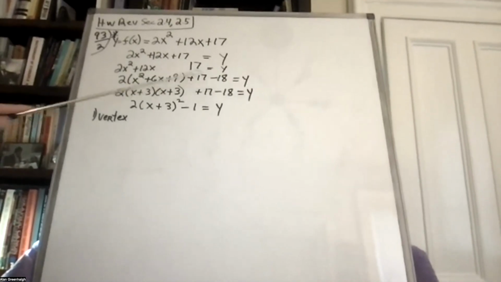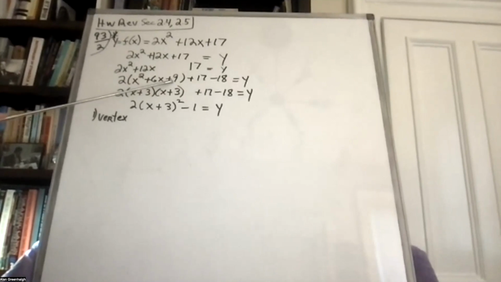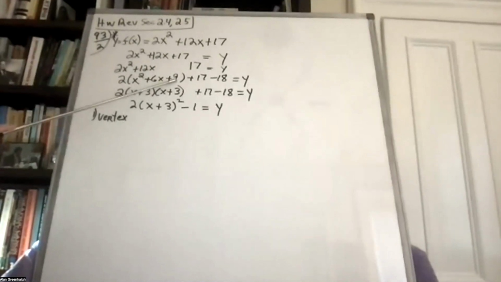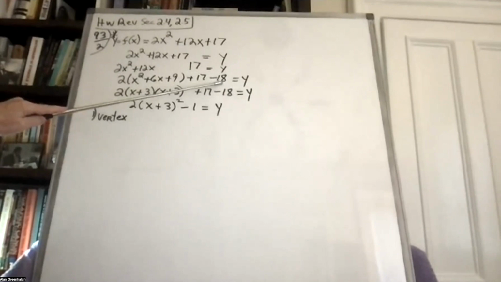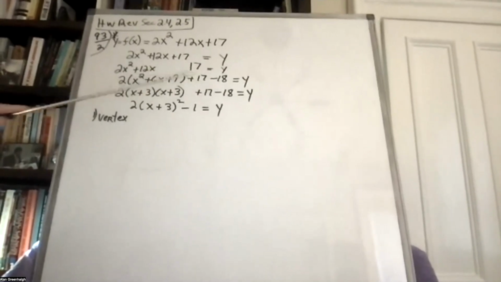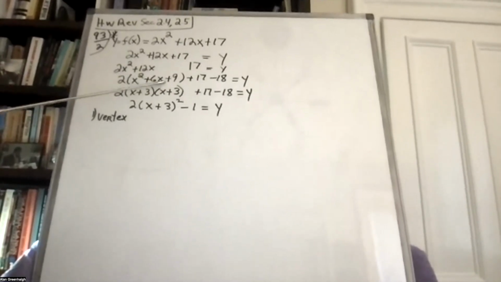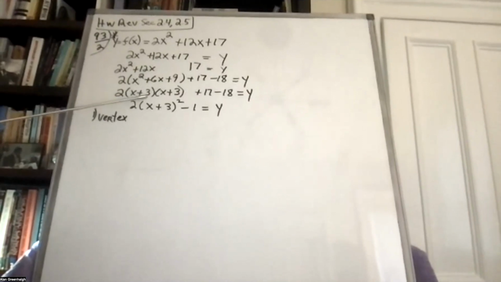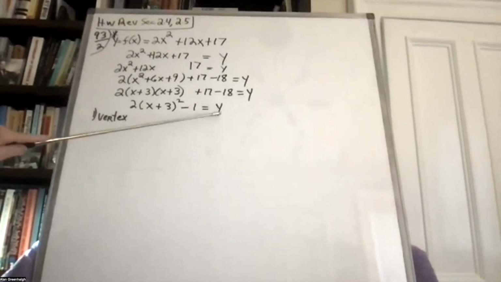You can't just go to an algebraic function and add 18 to it. So now it's like we started from scratch. Then you factor this, and these are the same factors, so you could make it 2 times x plus 3 squared minus 1 equals y.